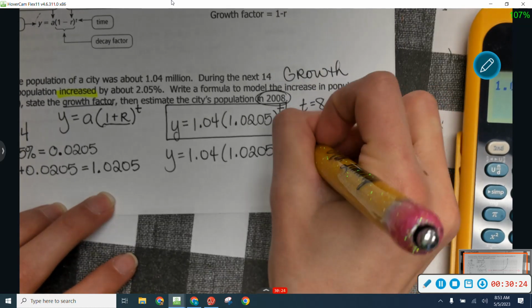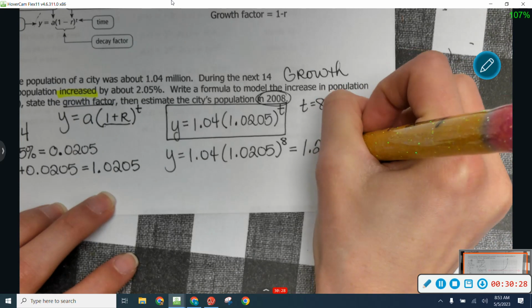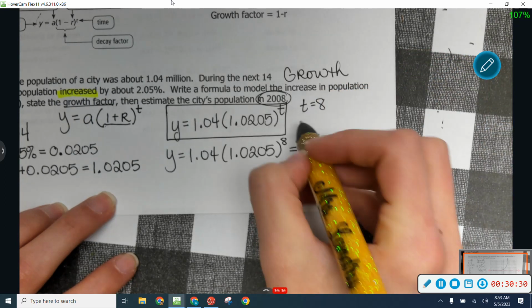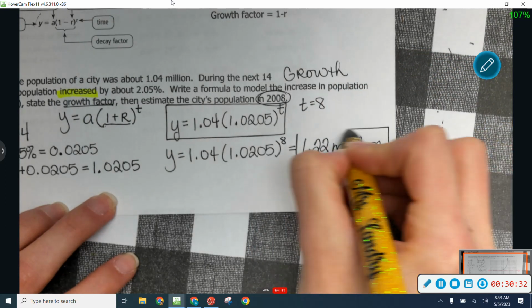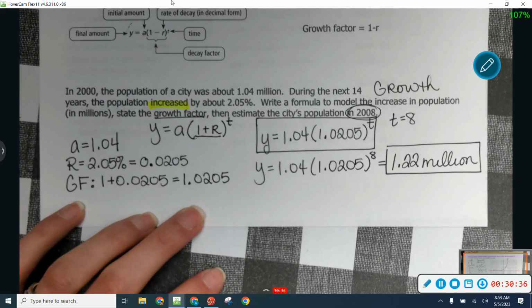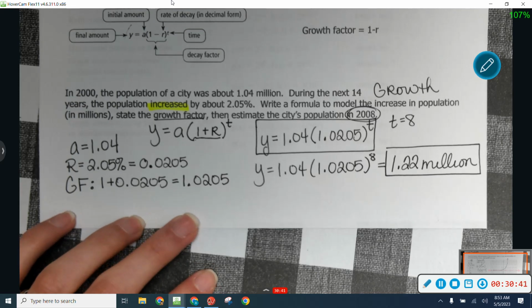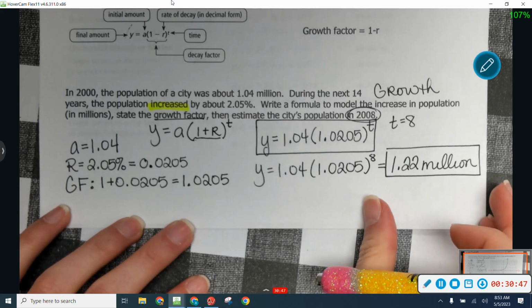So this is going to be 1.22 million. Make sure you understand the format of your answer. If all you gave me was 1.22, you're telling me the population is 1.22, which makes no sense. Okay, so make sure you're relating it back to what your problem is saying.